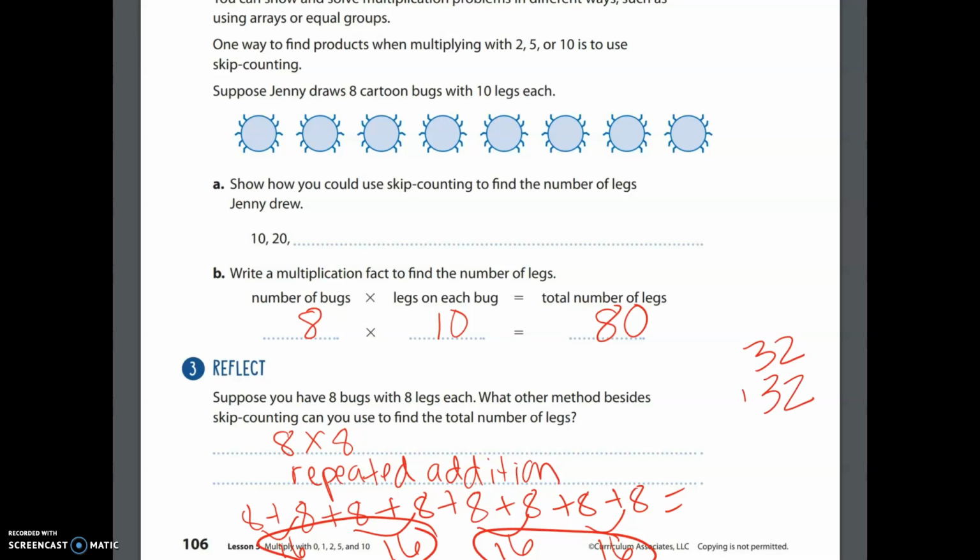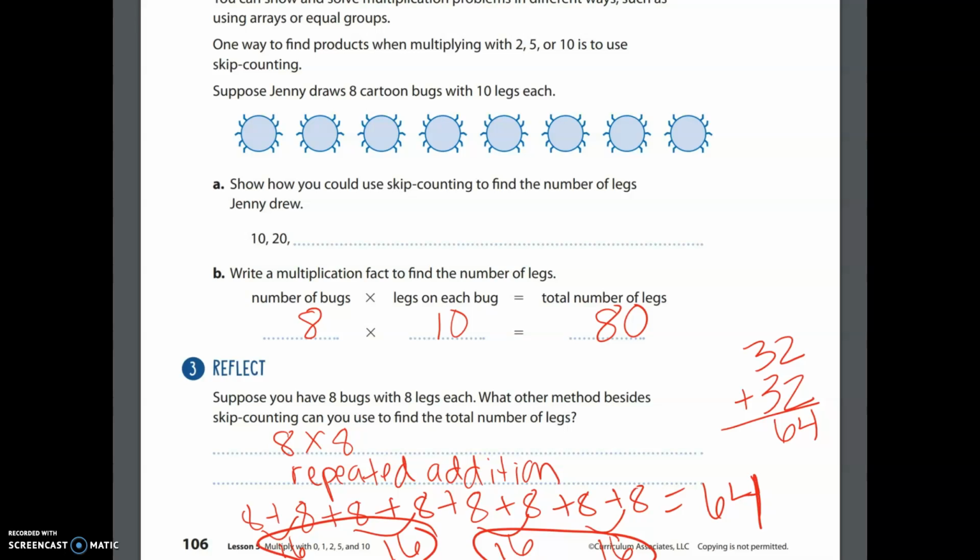So now I have 2 groups of 32. And if I add that together, that's 64. So repeated addition takes a little longer than skip counting, but it's really hard to skip count by 8. So that really wouldn't be a good way to do it.